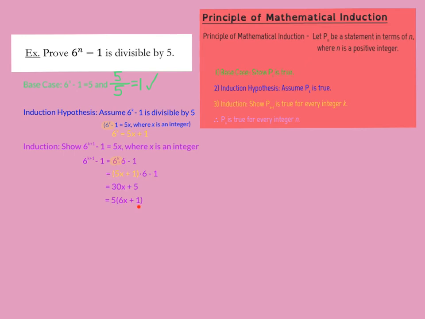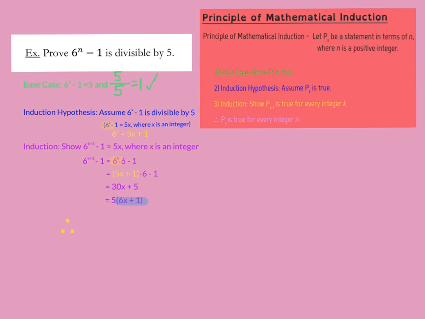Now, because the integers are closed under multiplication and addition, I know that if x is some integer, even when I multiply it by 6 and add 1, it's still going to be an integer. That means that this 6x plus 1 is an integer, and 5 times any integer means that our initial statement, our 6 to the power of k plus 1 minus 1, will be divisible by 5.